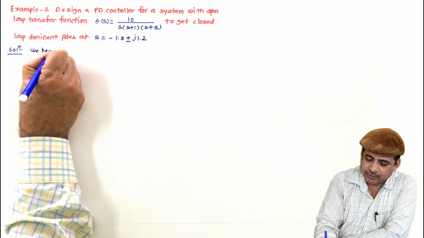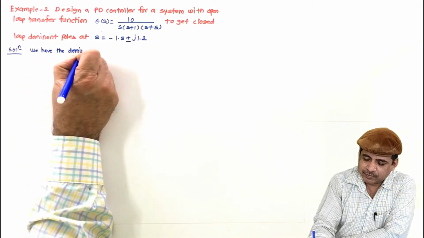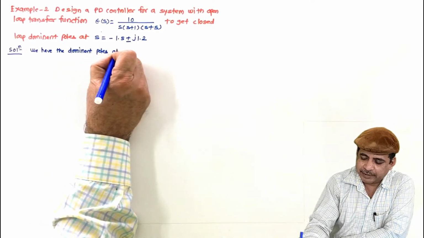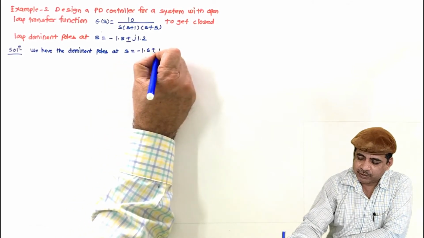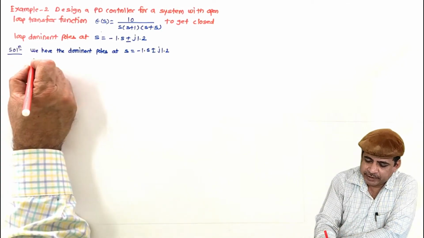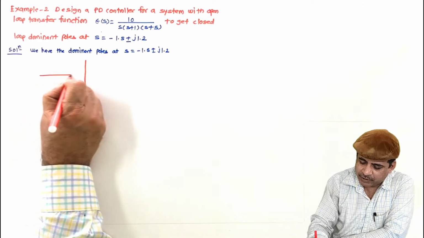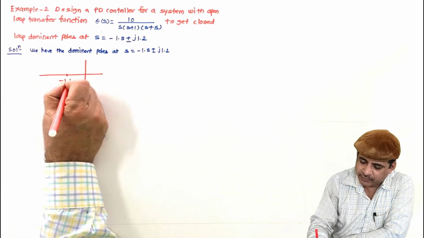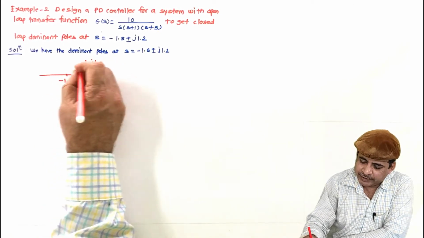We have the dominant poles at S equal to minus 1.5 plus or minus J 1.2, and hence let us first mark this pole for our convenience. Let this be minus 1.5, let this be J 1.2 in the S plane.